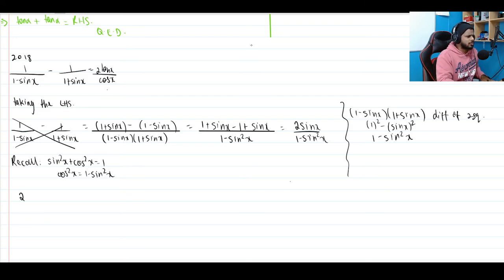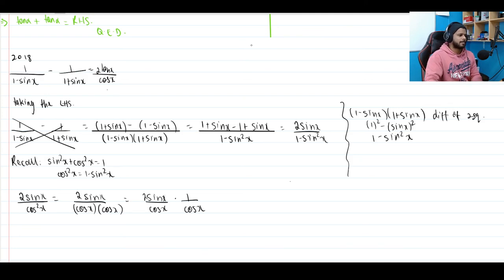So this becomes 2 sine x over cos squared x. And there's our next little trick. This is 2 sine x over cosine x multiplied by cosine x, which is 2 sine x over cosine x multiplied by 1 over cosine x.